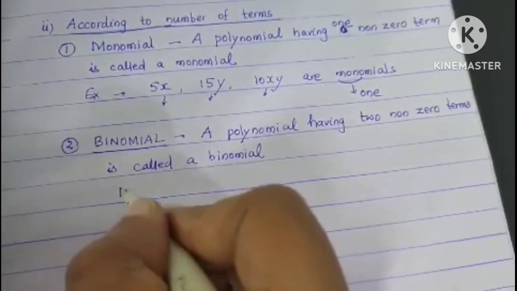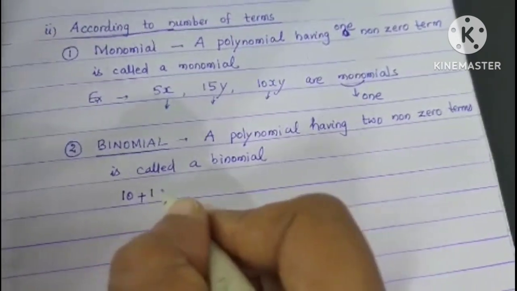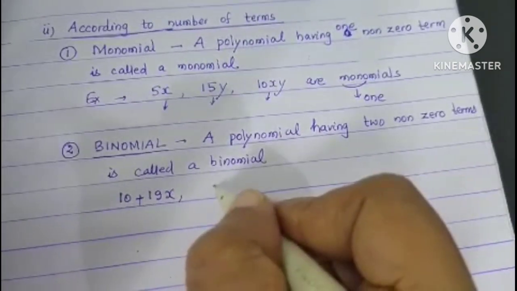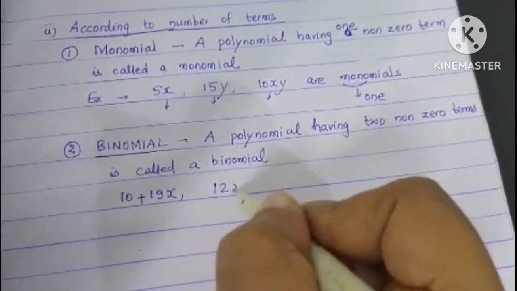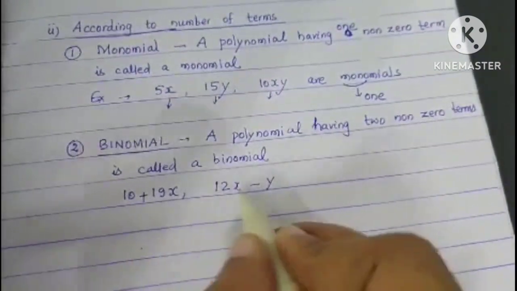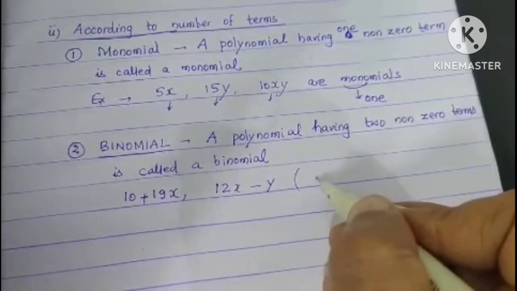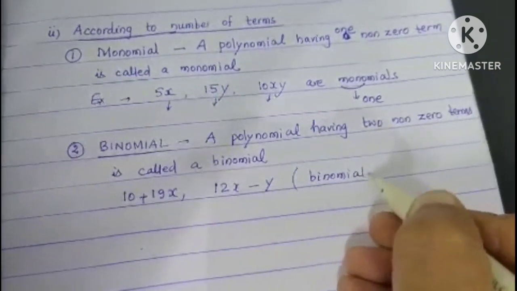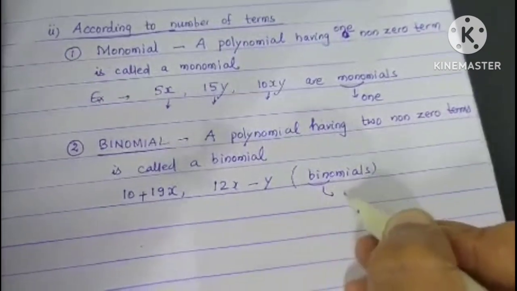The examples will be like this: 10 plus 19x, or 12x minus y, having two non-zero terms. These are all examples of binomials. So binomial means two.